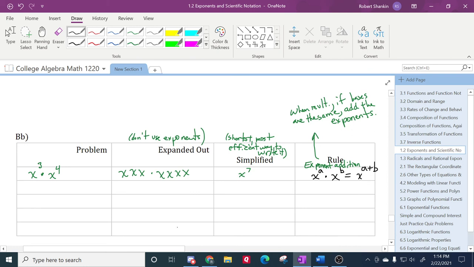When we get abstract and a little disoriented at times, you might get something like z to the third times z to the fifth, and you might be tempted to make it 2z to something. Then this might help you realize, oh yeah, it's not that. Go back to the rule. You write that same letter one time, and then you just add these two exponents, and you get this.